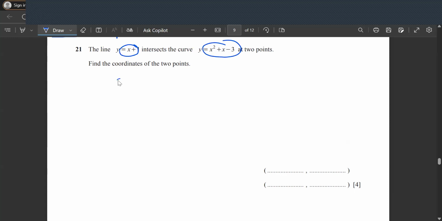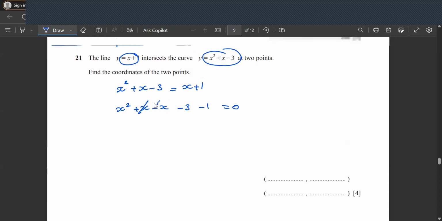I like to start with the highest power. Equal x plus 1. Then what to do? Send them all to this side. So x squared plus x minus 3 minus 1 equal 0. Then cross the x with the x. What will remain? x squared minus 4 equals 0.